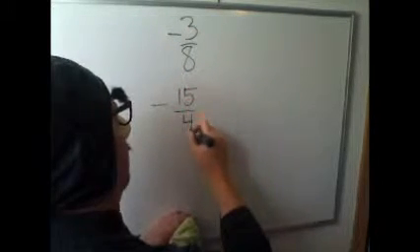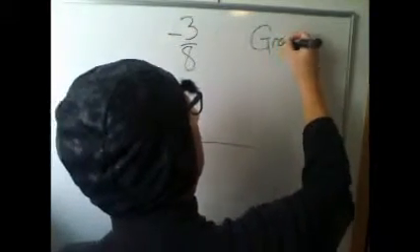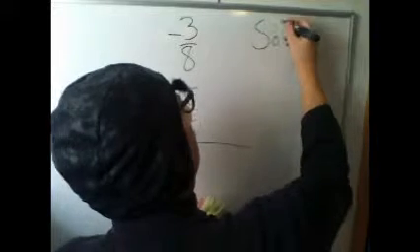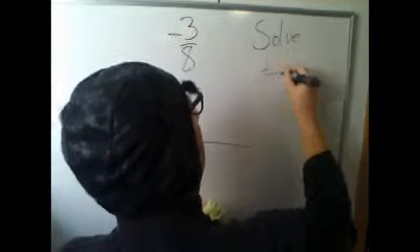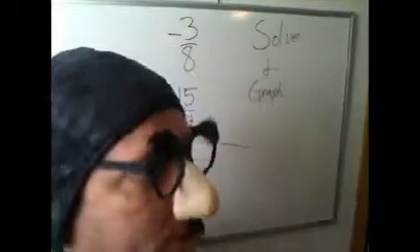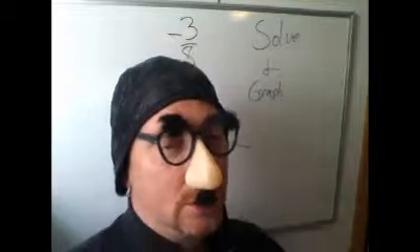Graph this. I'm sorry, first you have to solve it. So solve this and graph. Add that to whatever homework you were given over the weekend, and you will get double secret extra credit. Okay, the Bears are on in about 15 minutes.